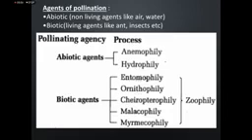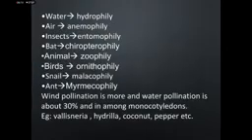Examples for abiotic agents are anemophily and hydrophily. And examples for biotic agents are entomophily, ornithophily, chiropterophily, malacophily, myrmecophily, etc. All these belong to zoophily. Zoophily means transfer of pollen grains with the help of animals.